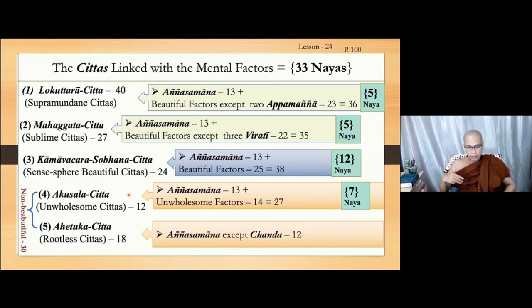Then, by the Lobhamula, there are 8 consciousnesses. Which one can be at that moment? We cannot identify. All can be possible. So at that time, we take it can be one of the 8 greed-rooted consciousness.